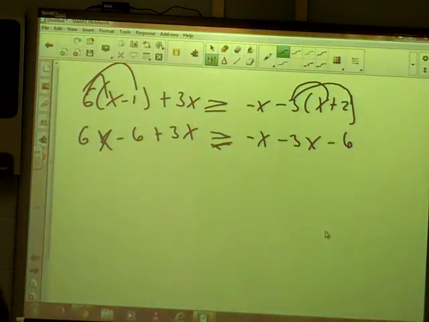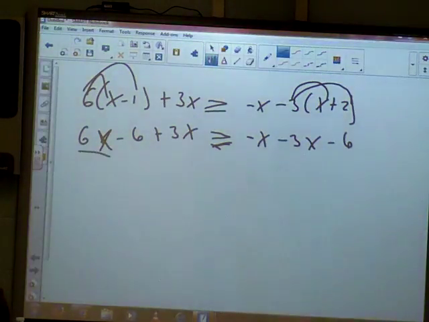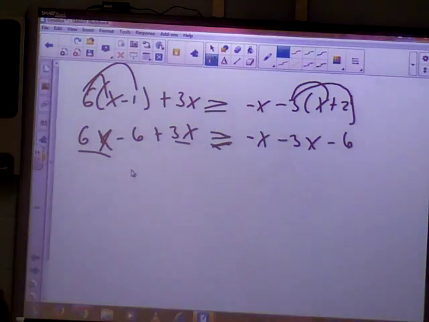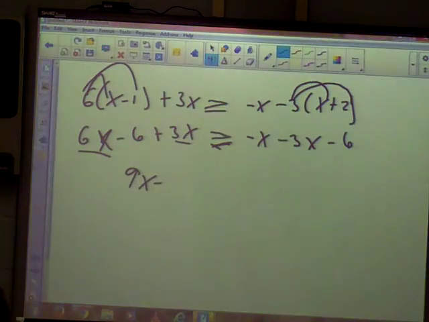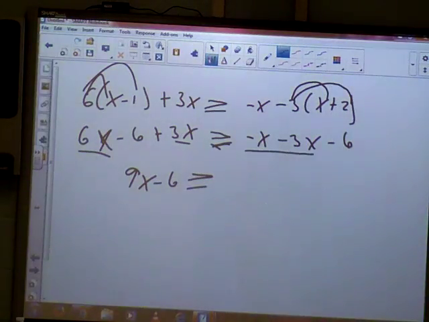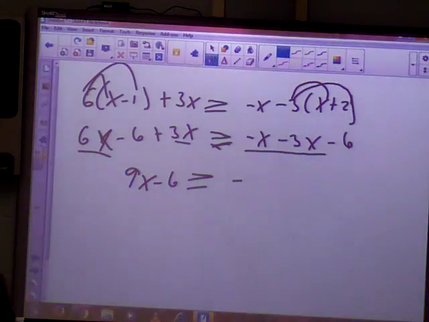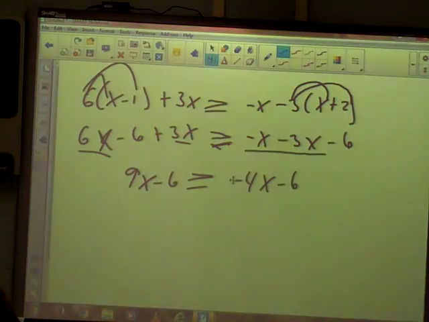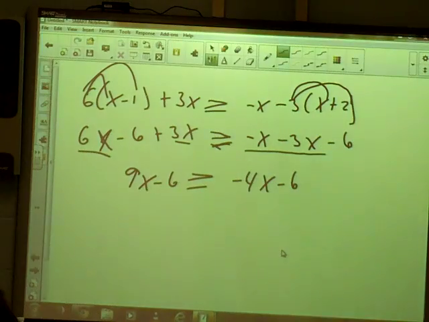Cleaning up just means combining like terms. So on the left, we've got a 6x and a positive 3x. Is everybody good on the left side? Okay, on the right side, I've got a negative x and a negative 3x. Everybody good on the right side?